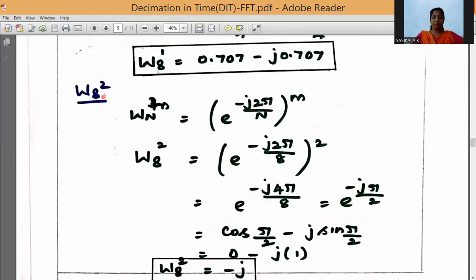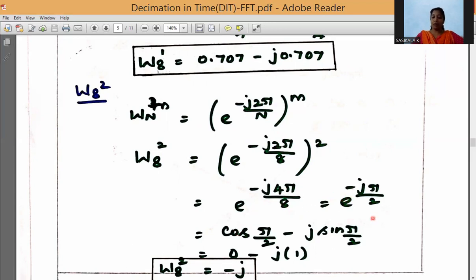Next one is W8 power 2. The formula for the twiddle factor is W base n power m is equal to e power minus j 2 pi by n, the whole power m. So W base 8 power 2 is equal to e power minus j 2 pi by 8, the whole power 2. This power and this numerator will get multiplied, so I'm getting e power minus j 4 pi by 8. This 4 and 8 will get cancelled and I'll be getting 1 by 2, so e power minus j pi by 2.